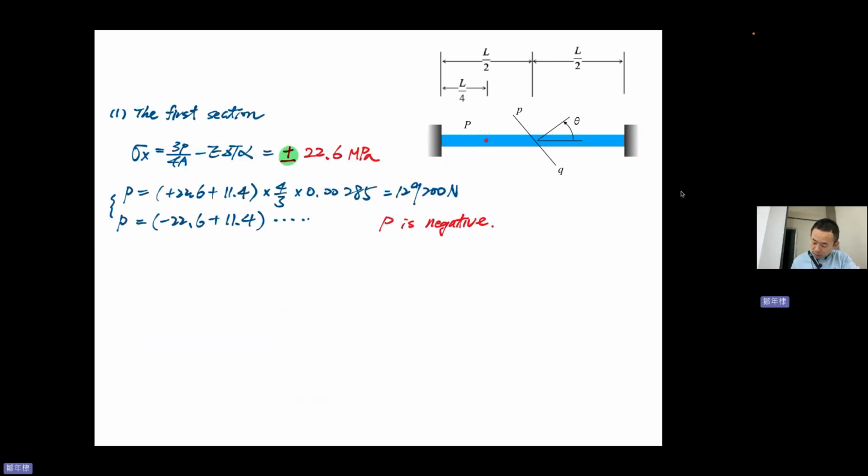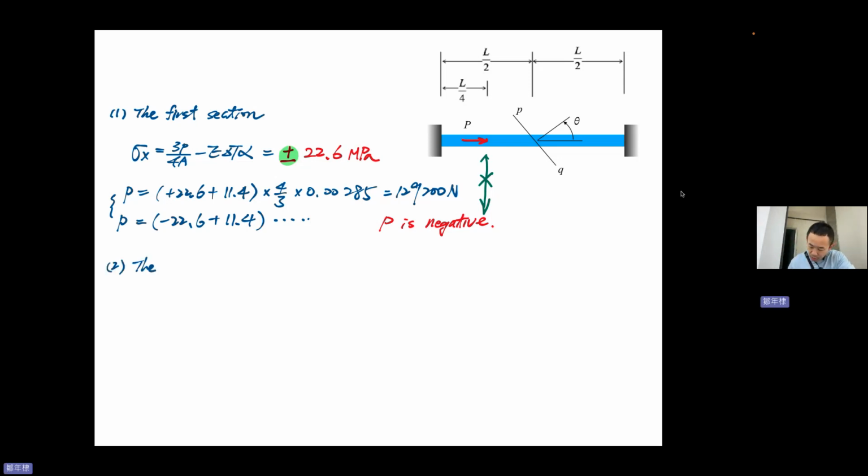So we don't need to calculate the second one. Okay, so this is contradictory. You need P to be positive. So the first section requires the P not exceed 129,200 N. Otherwise, it will have shear failure.